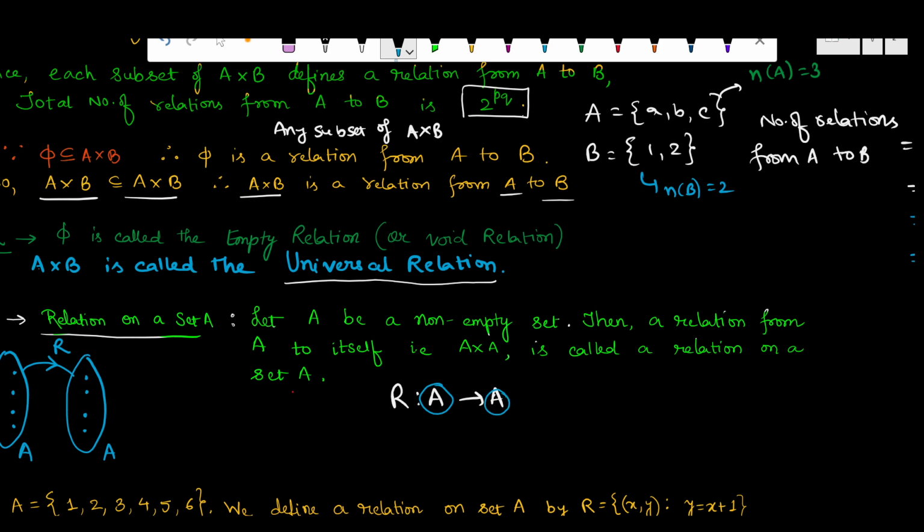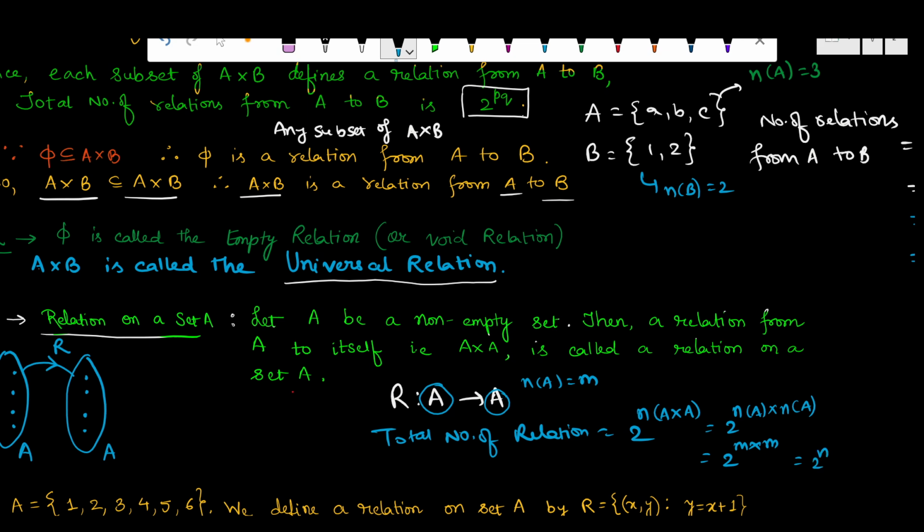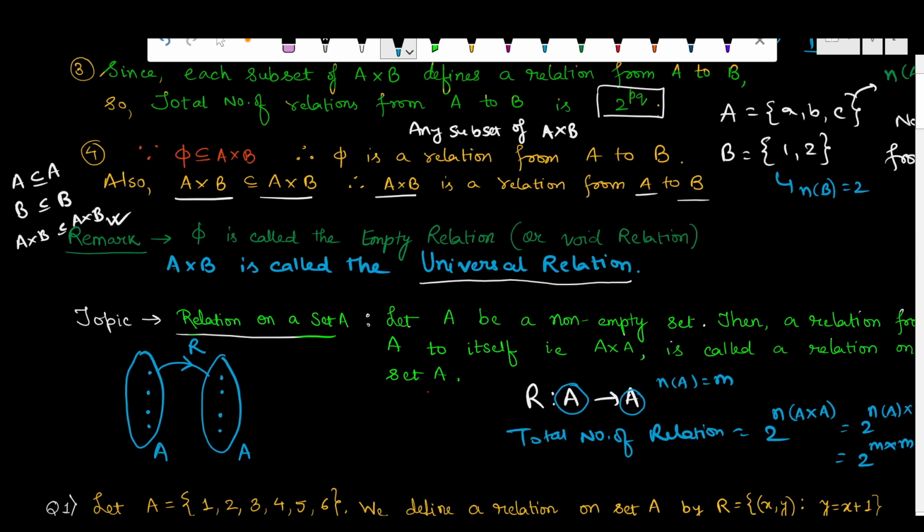So if we want to find the total number of relations over here, this will be equal to 2 to the power cardinality of A cross A. This will be cardinality of A times cardinality of A. Suppose cardinality of A is m, so this will be 2 to the power m times m, which is 2 to the power m squared.